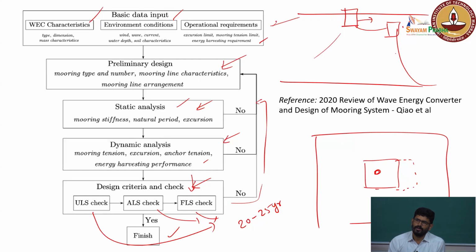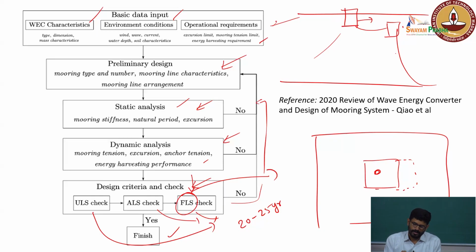What is the general span of mooring, how much lifetime? See, that is why we have this fatigue limit state. When we say fatigue, you carry out the fatigue analysis. Basically, fatigue limit state means that you are going to do a fatigue analysis, correct? One is, I am going to stretch it to the extent of the load that it will take to failure, that is the extreme analysis. The other is a fatigue analysis, where you are going to apply cyclic loading for 20 years, and it is going to be very cyclic in nature, right?